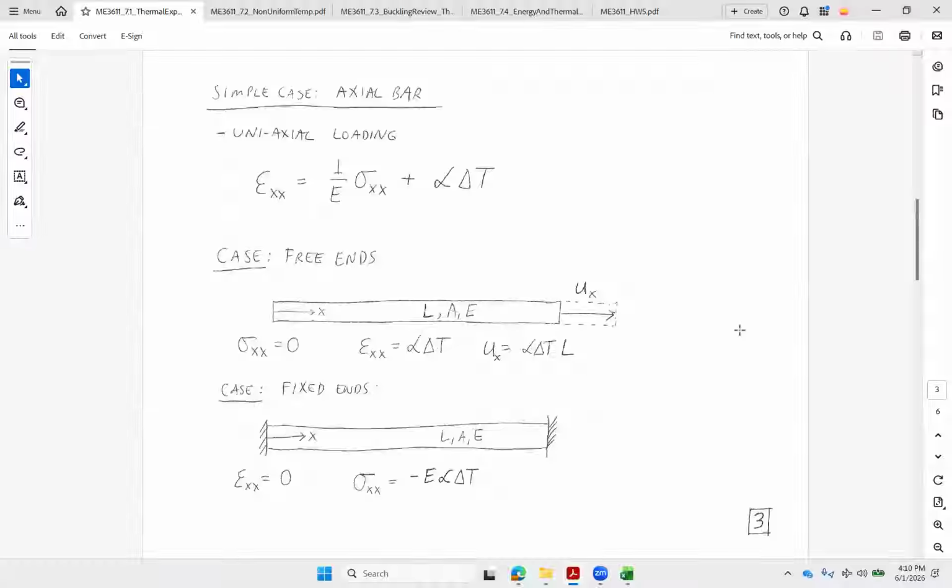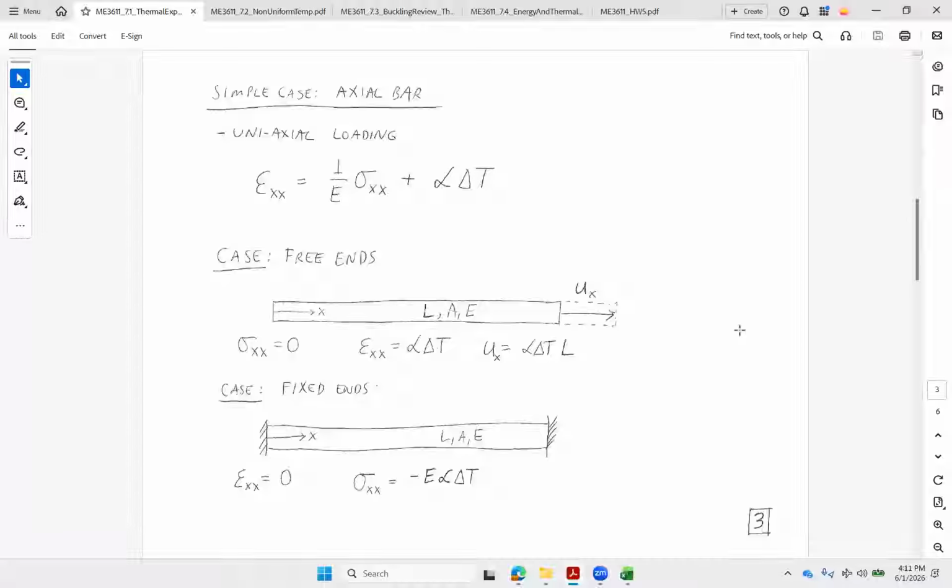That means our strains are going to be solely made of the thermal variety and not the mechanical variety. So if we have a bar and we don't do anything to it, here's my strain. Strain times original length gives me my displacement. Right? Change in length per original is strain, so I move the original length up. So the displacement I would expect for a bar would be alpha times delta T times its length.